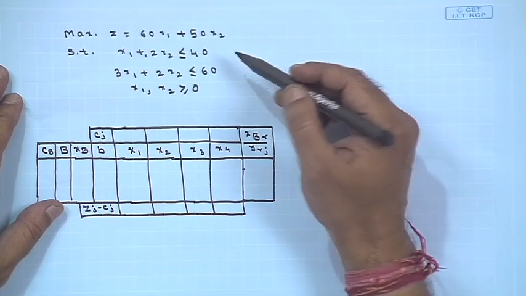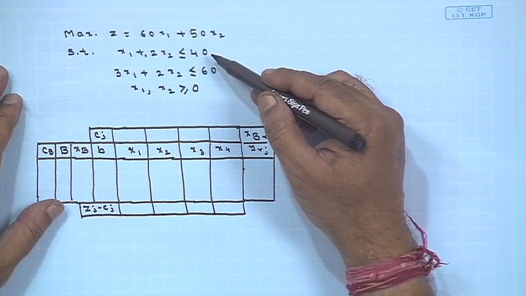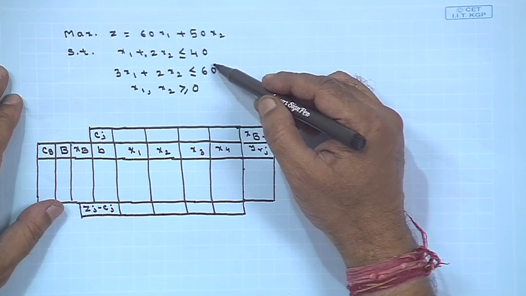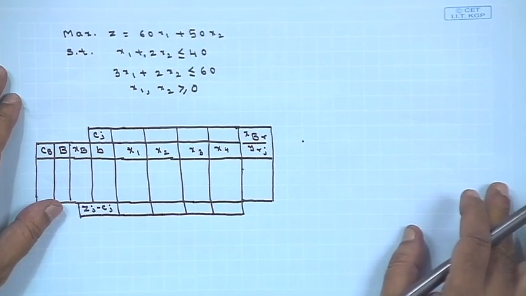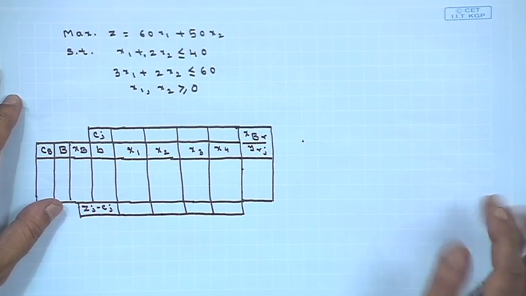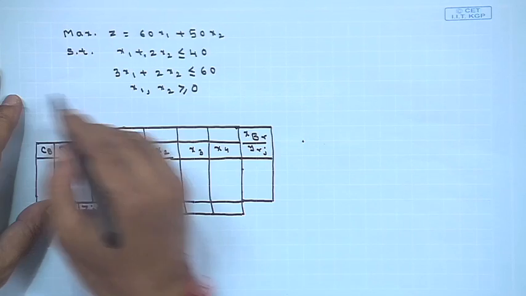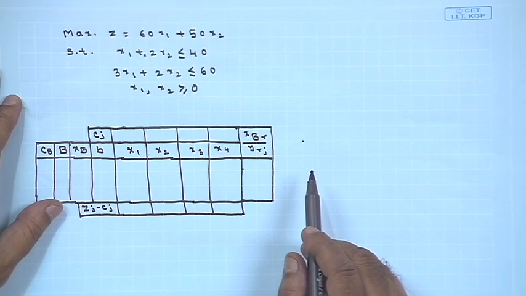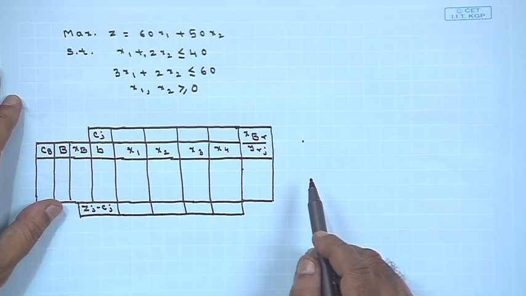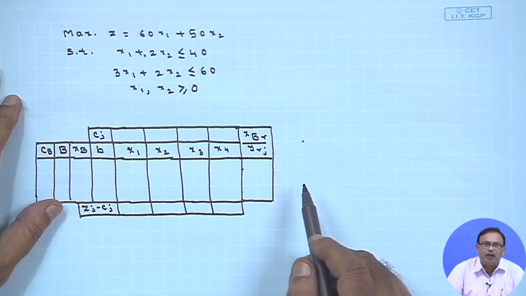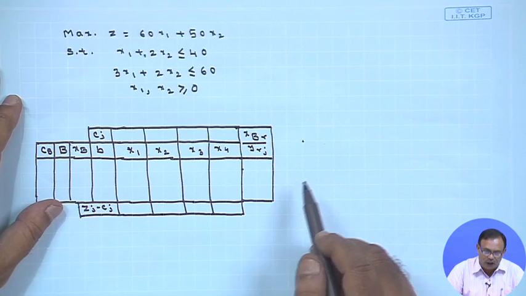So, since I have 2 less than equals constraints, first thing is I have to convert them into equality type, and I can do it by using the slack variable. We have told earlier that whenever you have a less than equals type equation, by adding the slack variable I can make it an equality type.